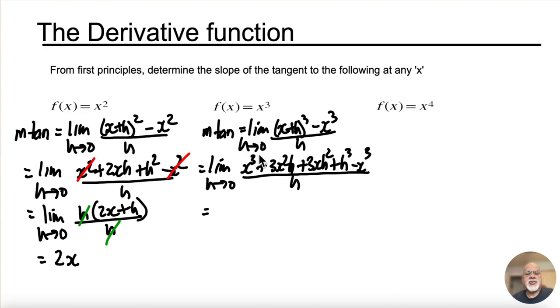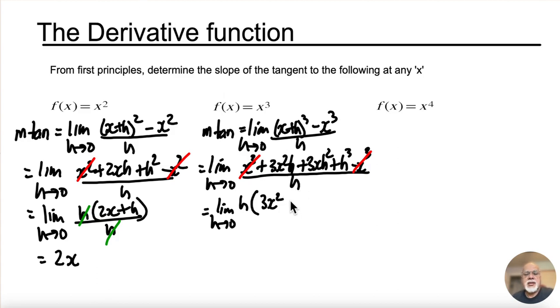Again, the x cubes cancel, and if we factor out the h from the surviving terms, we end up with 3x squared plus, oops, there's no h if I factor out the h.